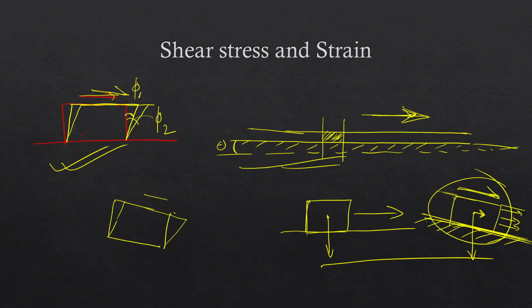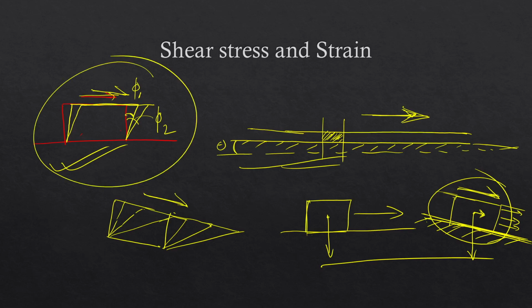Although the shear stress remains the same, it will continue to deform like this. And that's what flow means. When it continuously deforms without any increase in the shear stress, we say that the material is flowing. In case of a solid, it is only deformation, but in case of a fluid, it is continuous deformation, and we call that flow.